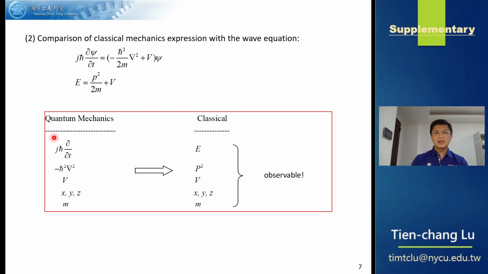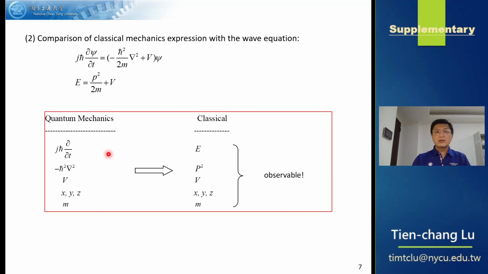We use j h bar d phi over dt. If we are going to obtain the energy, we have to use the operator acting on the wave function, which gives us the value of the energy.